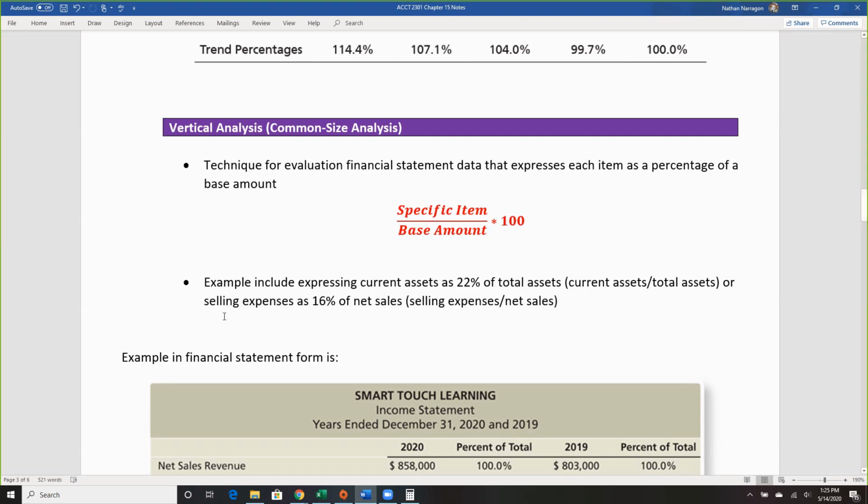Or if you're looking at selling expense as it relates to net sales, we would take selling expense, divide by net sales, which means basically for every dollar that we make in net sales, about 16 cents goes to selling expense.